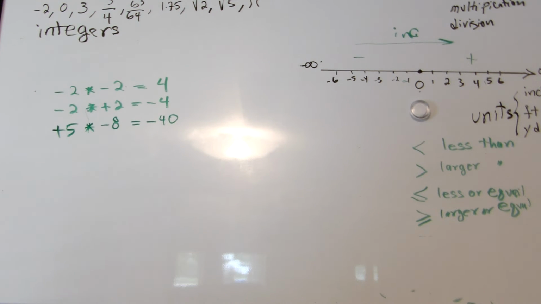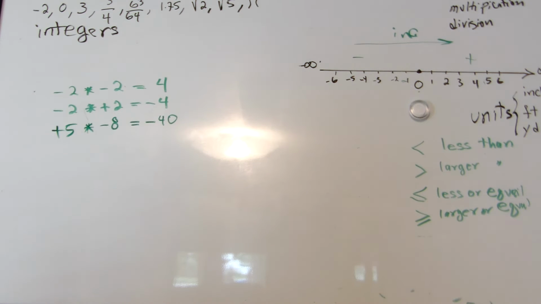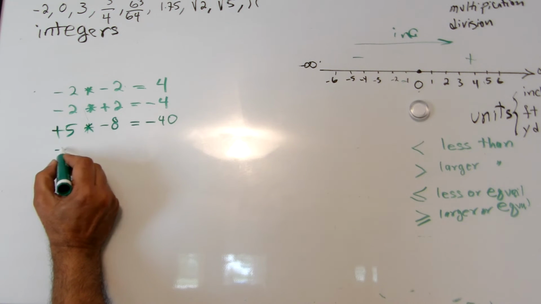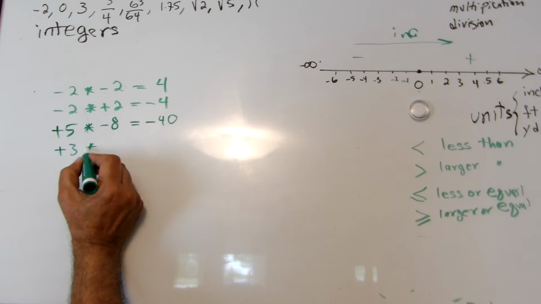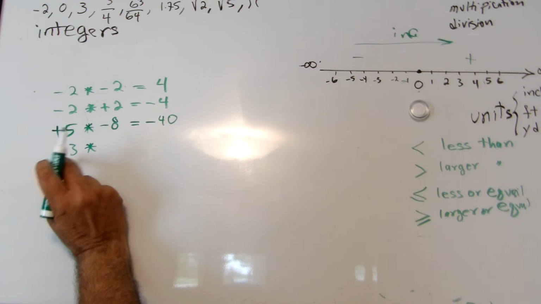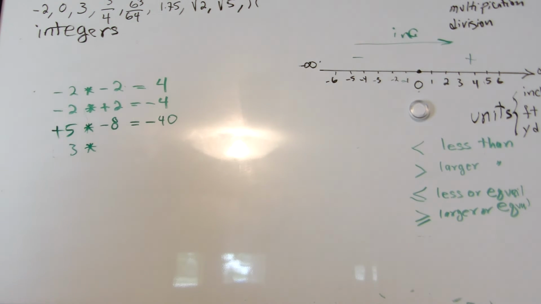So whenever you have a negative times another negative, the result is going to be positive. And how about both of them are positive, like plus 3 times plus 9?